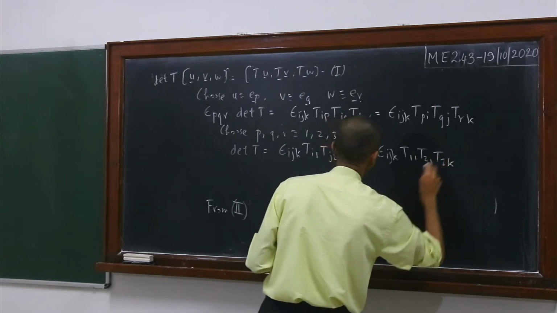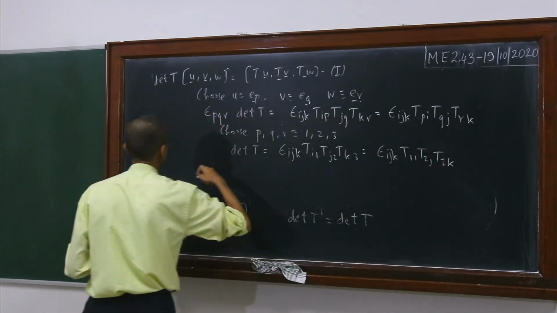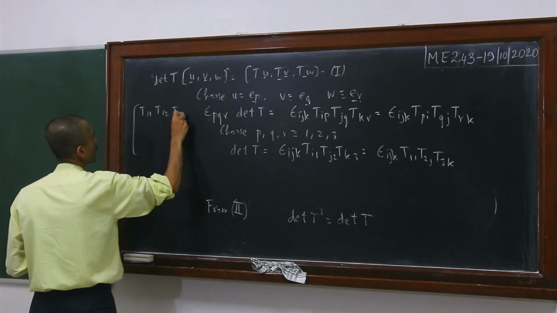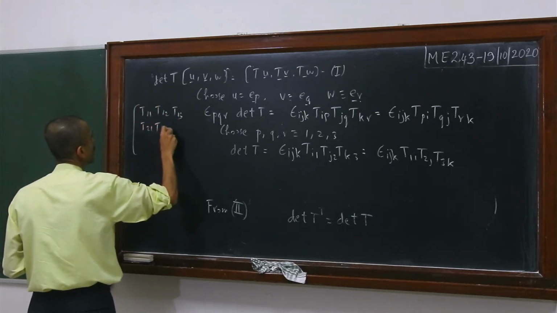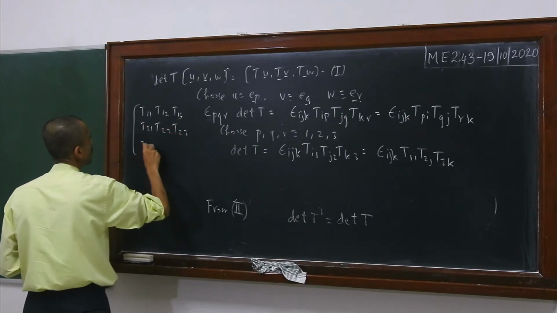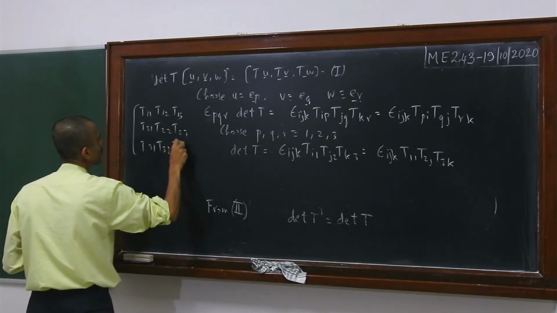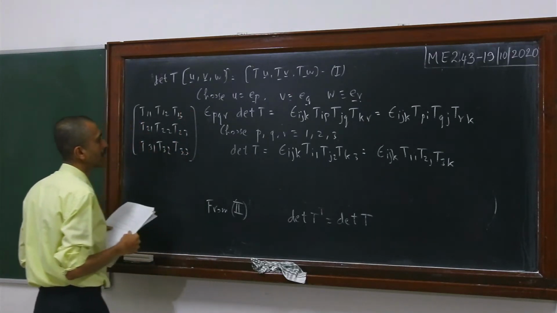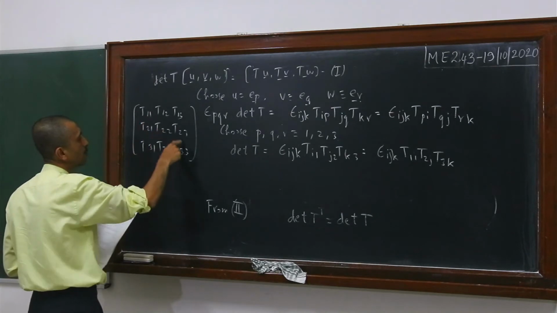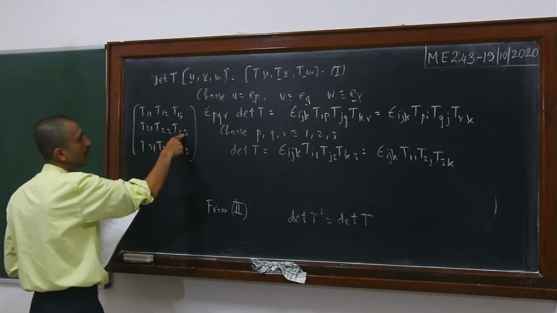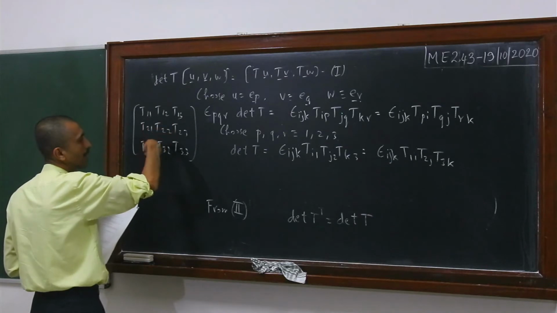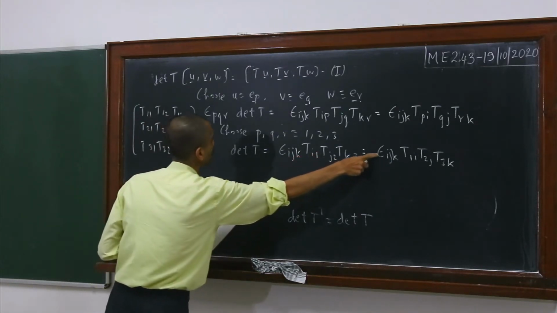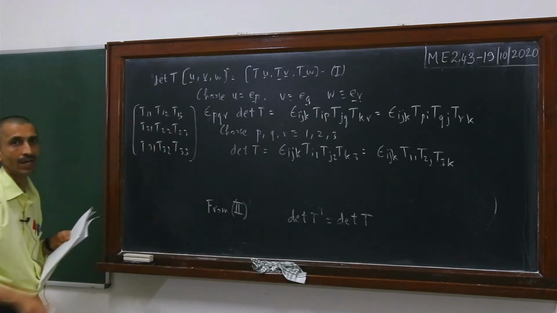So actually if you see the usual formula for a determinant, right? T11, T12, T13, T21, T22, T23, T31, T32, T33. So the usual formula for finding the determinant is T11 times T22 T33 minus T32 T23, and so on. So that is your usual formula. If you expand this particular expression, you will get the usual expression.